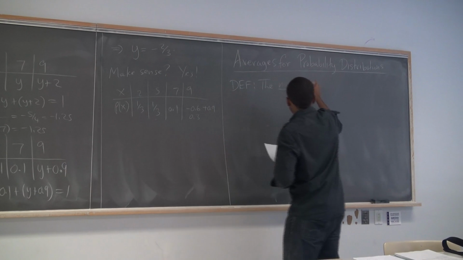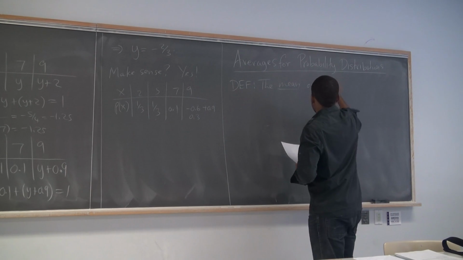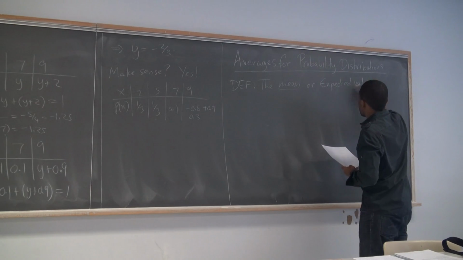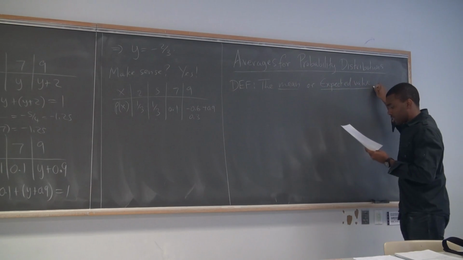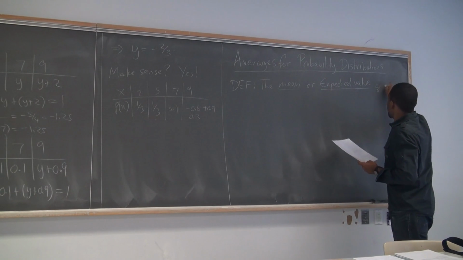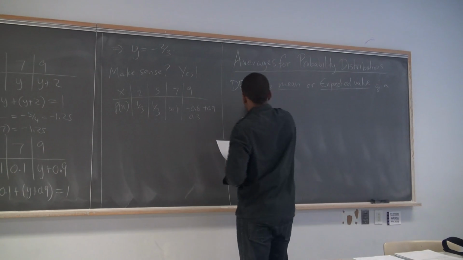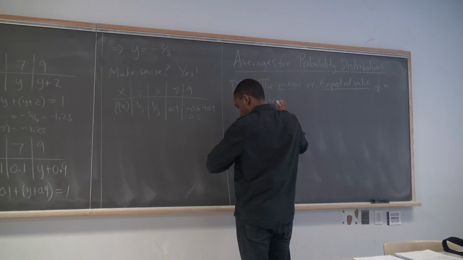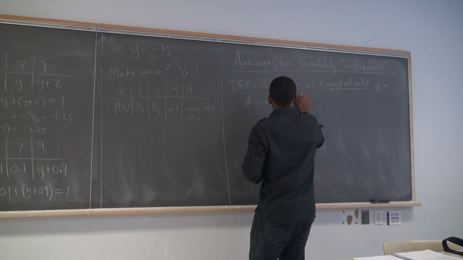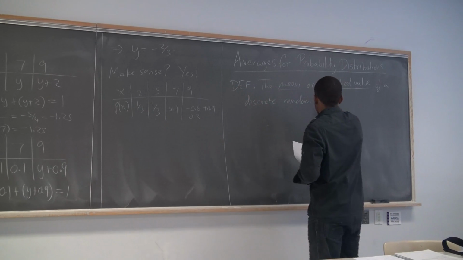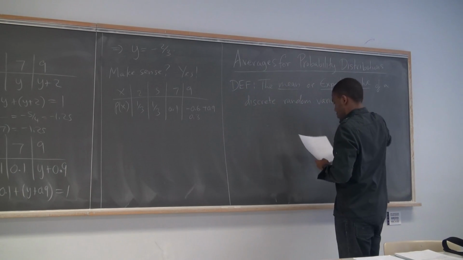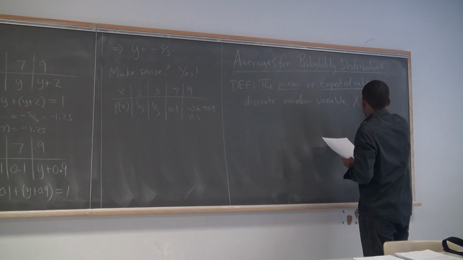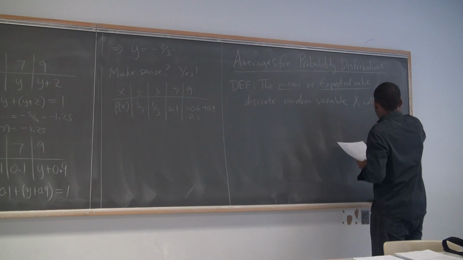The mean, or as it's called sometimes, the expected value, is the value that will be obtained on average of a discrete variable distribution.